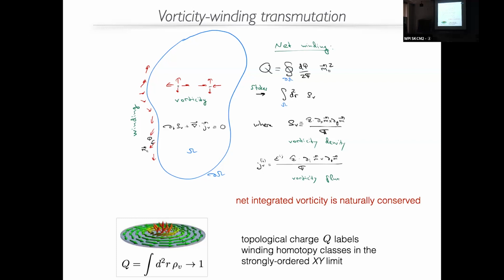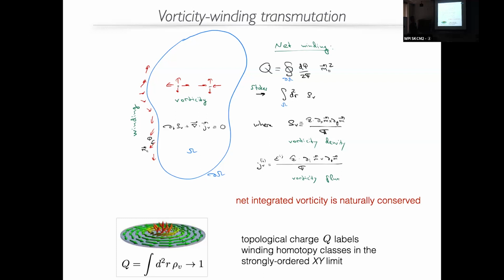Because of Stokes' theorem, the net vorticity is preserved. So any local fluctuation of the order parameter does not affect the total net vorticity, because the total net vorticity can only be modified by something going through the boundary.